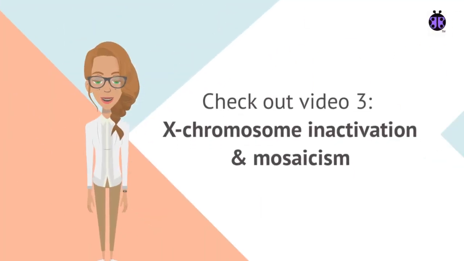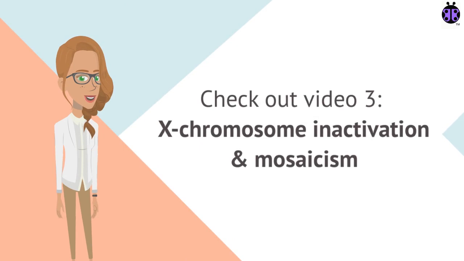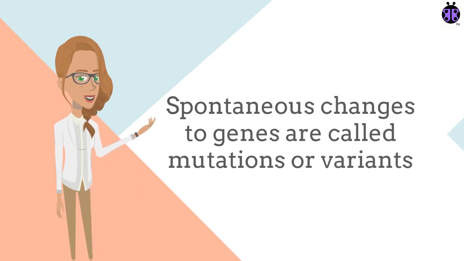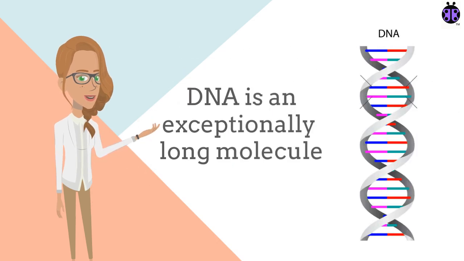As I mentioned in our 3rd video on X chromosome inactivation and mosaicism, changes to genes that occur spontaneously are called mutations or variants. You might also remember from our first video that genes are made from a complex structure called DNA, which is an exceptionally long molecule that looks a bit like a twisted ladder.